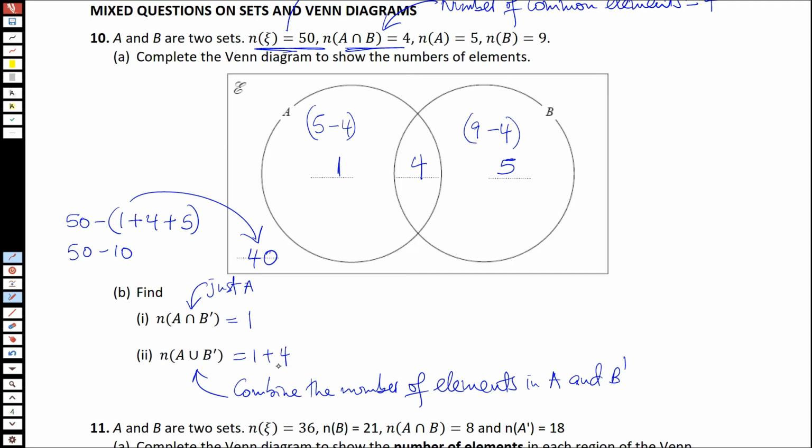And then not B, of course, will be outside this circle. We have 1, but you've already written 1. And we have 40. So the total number of elements, if you combine what is in A and what's outside B, will be equal to 45. That's your final answer.